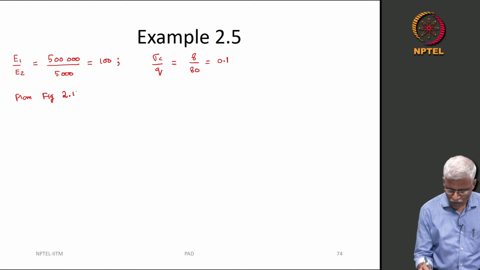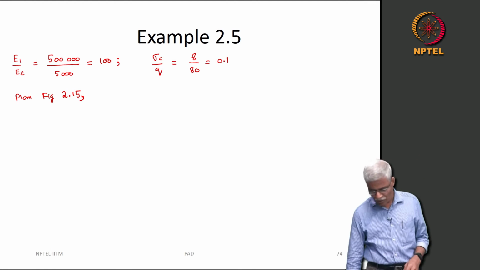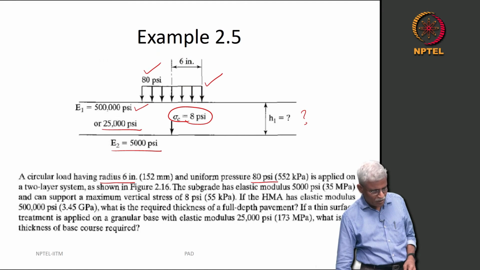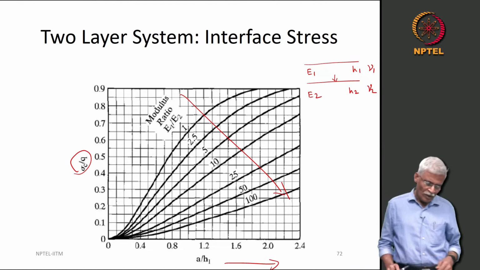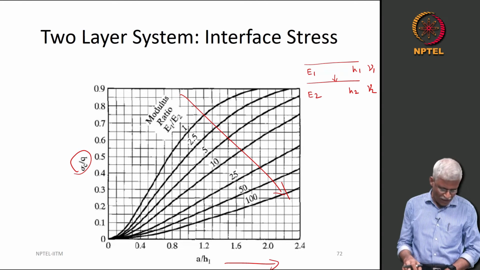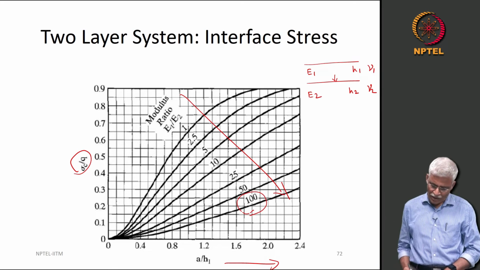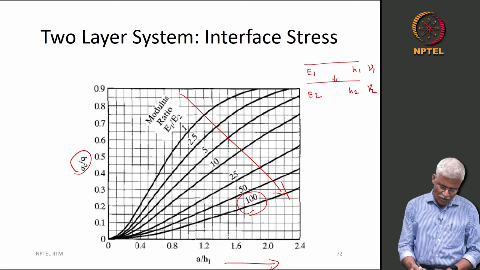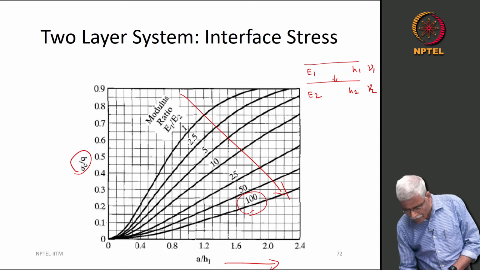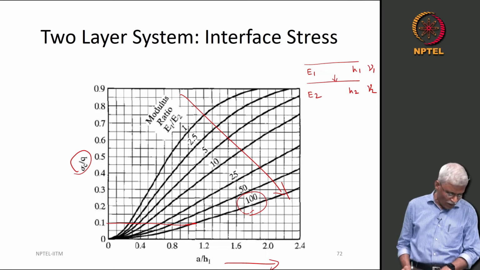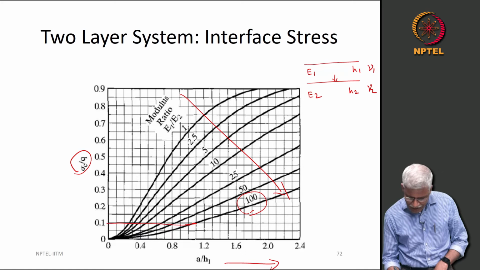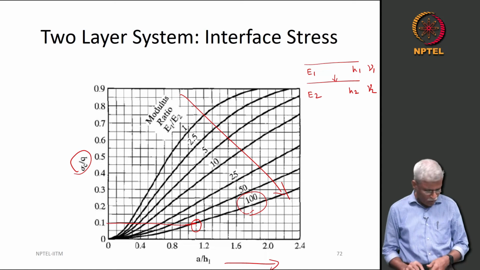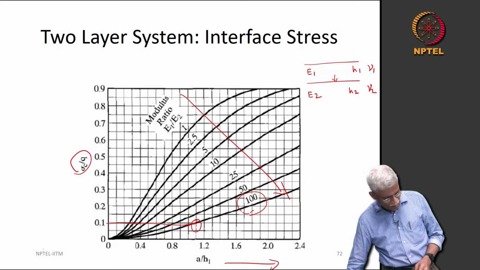Now, what you need to do is use figure 2.15. So, let us go back to figure 2.15. This is here, 2.15. You know very well what the E1 by E2 ratio is here. This is the ratio that you are looking at. Okay. You know what sigma c by q is. This is what you are looking at, this particular point. You can find out the A by H1 ratio. Roughly, this A by H1 ratio you are going to get around 1.15.